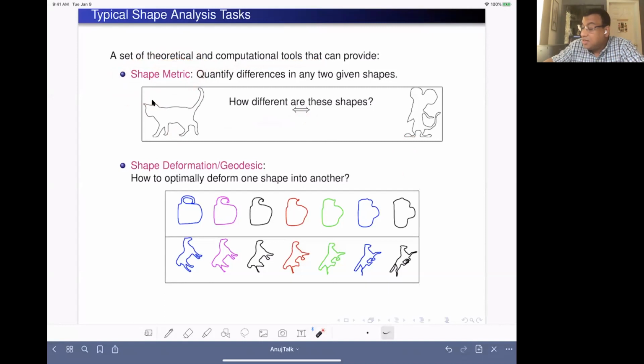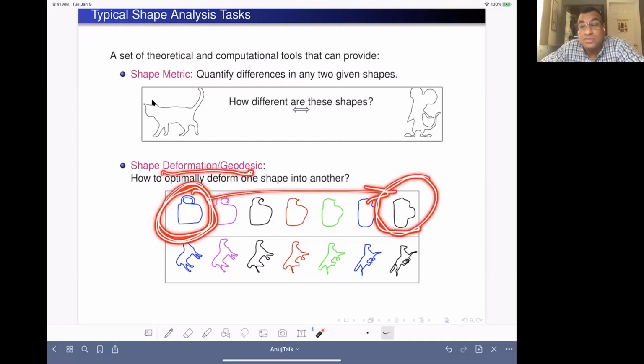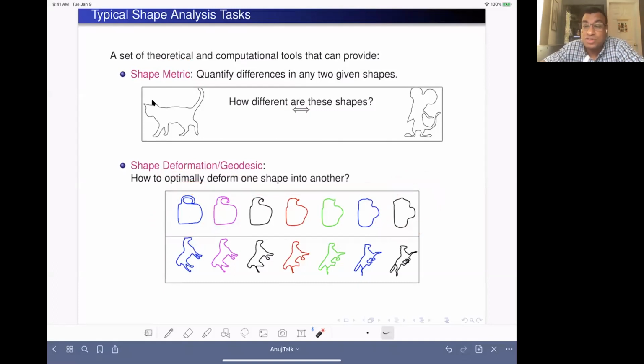Another tool that is very important is this: if somebody gives us two objects, object 1 and object 2, we want to be able to deform one object into the other in the most efficient, optimal fashion. Sometimes we call them geodesics because in our language they denote the shortest path in a certain space. And these geodesics are very important for doing statistics.